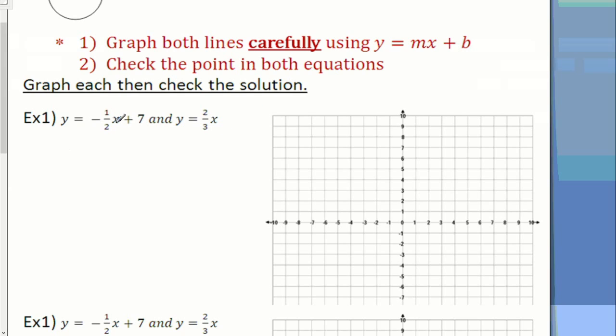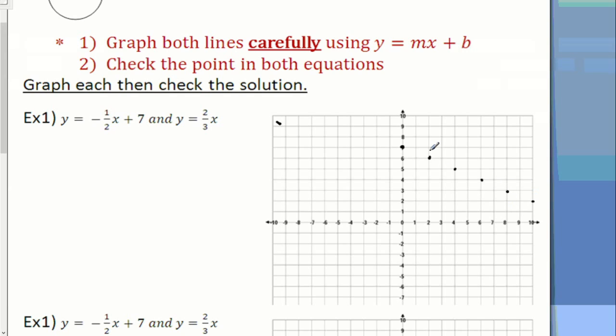All right. Let's graph this first one, negative 1 half x plus 7. So I know I start at 7, so I put a dot there, right? Where's my other dot? Well, to make the rest of my dots, I go down 1, right 2. Down 1, right 2. And I'm going to be real careful making this graph because if you're not careful with this graph, you can actually not know exactly where they're going to cross each other.